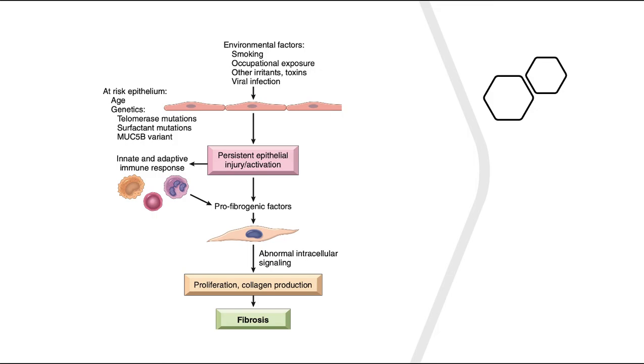Other genetic associations also point to the primary defect residing in epithelial cells. Specifically, approximately 35% of affected individuals have a genetic variant in the MUC5B gene that alters the production of mucin, while a smaller number of affected patients have germline mutations in surfactant genes.